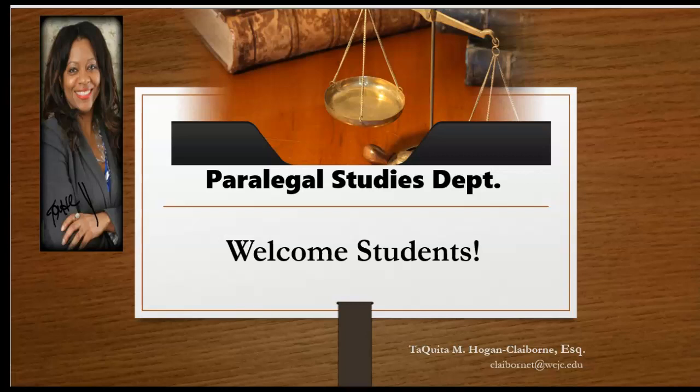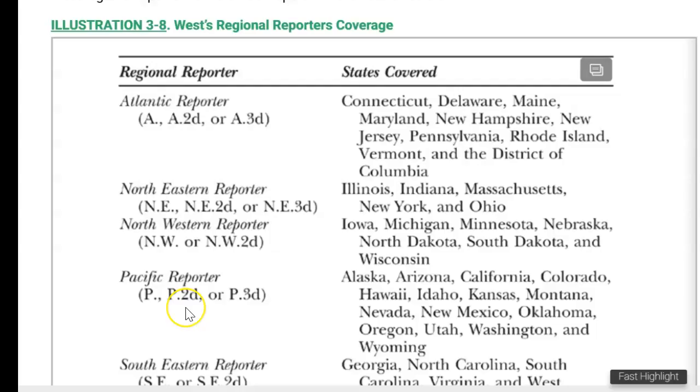Take a look at the map on page 63 in the text, and there should be a list on page 62. West took the 50 states and the District of Columbia and divided them into 7 regions. Published the reporters according to the regions. I have a question for you. Can you tell me which region Texas is a part of?